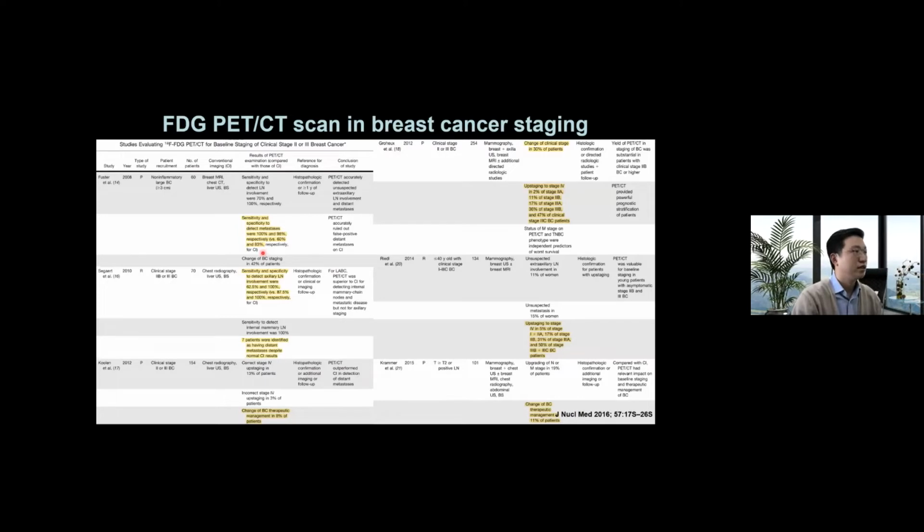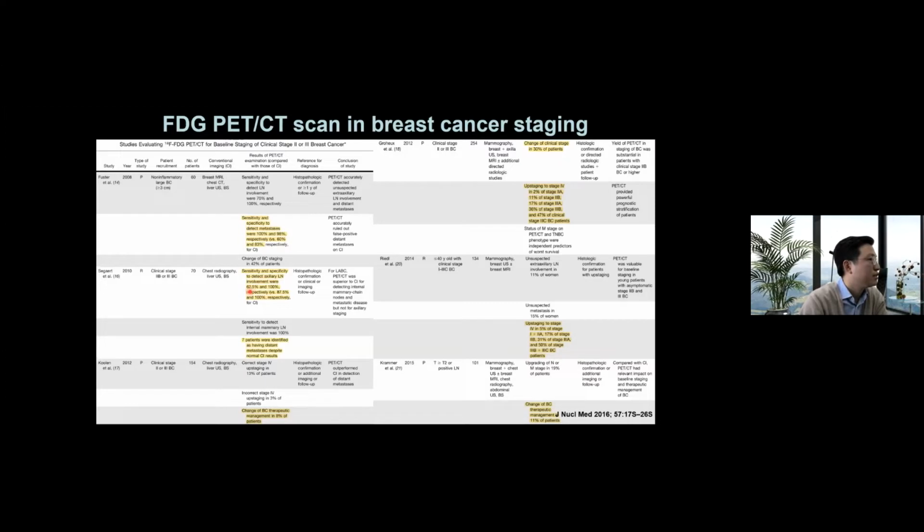So you can see the clinical value of FDG PET scans overview from this table. In this study, to detect metastasis, it has very good sensitivity and specificity.